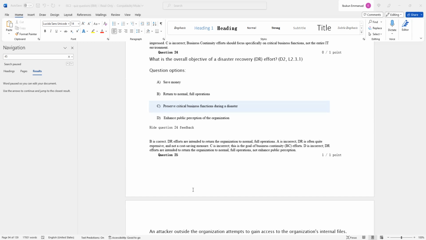Do you understand the difference? So one is about continuing operations during an incident or an event. One is about not only continuing to run and recovering the systems, but also about restoring things to how they were before the disaster struck.